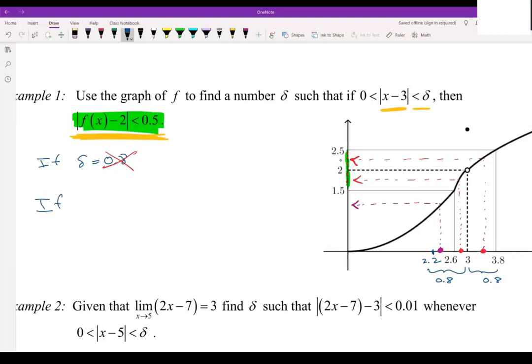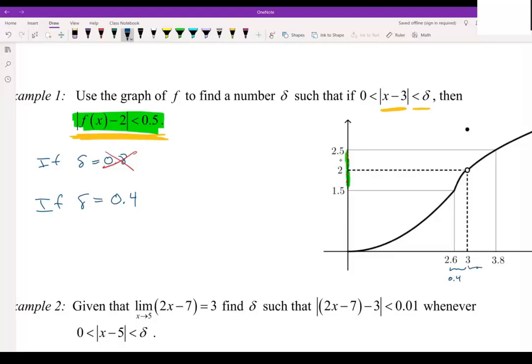If delta equals, well, what if I use 0.4? Now, if I may erase all these. What if I pick 0.4? Now my region goes from here to here. There's a 0.4 distance.